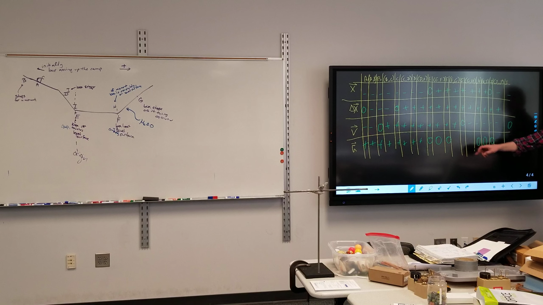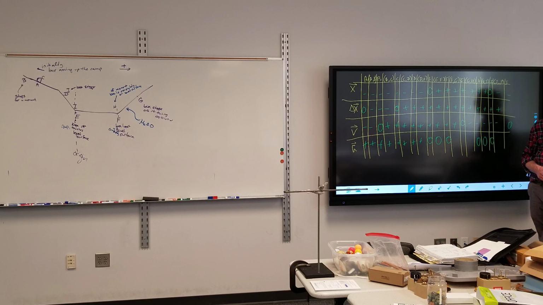Okay. And then between F and H, there's negative. Speeding. Why? Of the friction and slowing down. So it's the same sign as the velocity because it's speeding back up, down the ramp.